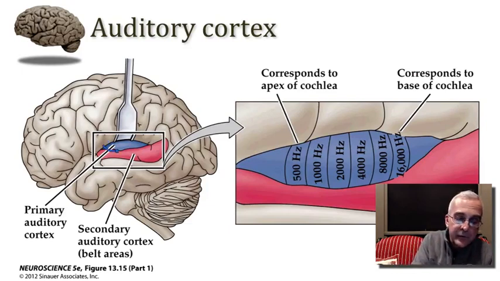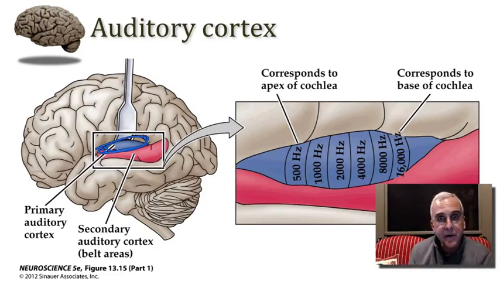So this primary auditory cortex found here on the upper part of the superior temporal gyrus is where we would find a complete representation of the frequencies that are first encoded down in the basilar membrane. So we have a frequency map of our auditory environment established across the modules that comprise this auditory cortex.